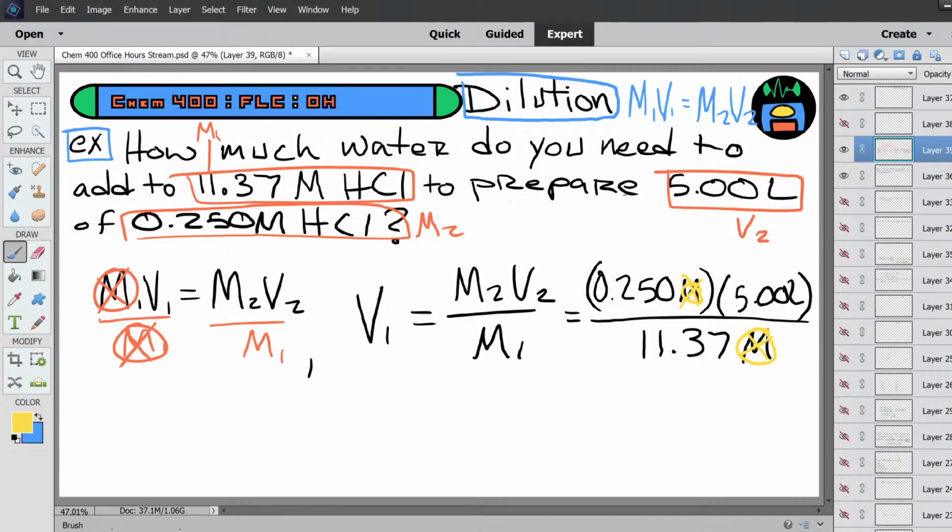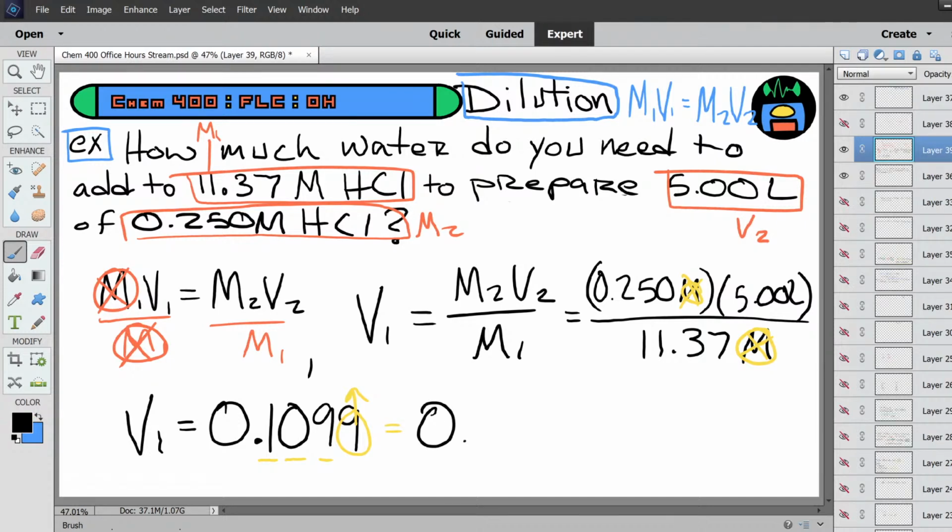And so we can crunch our numbers. 0.250 times 5 divided by 11.37 gives us an initial volume of 0.10, let's see, 3 sig figs, 99. But when we round to 3 sig figs, this 9 rounds up, which bumps that 9 up to a 10. So this will be 0.110 liters.